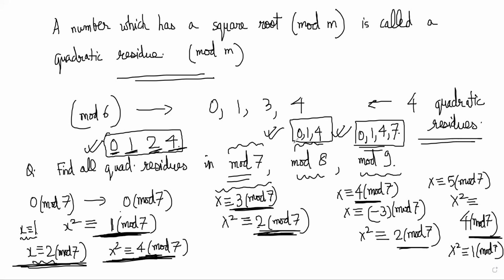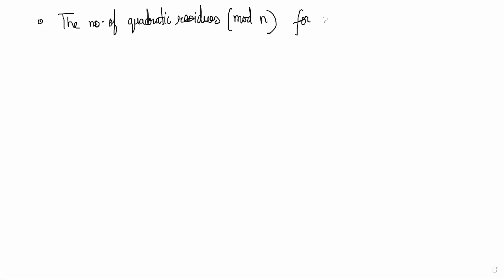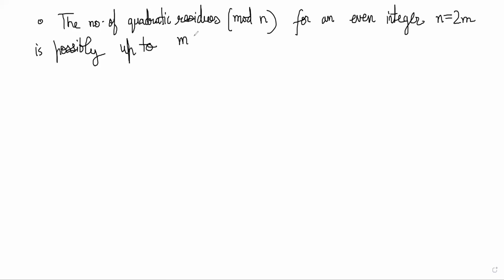Now, one simple point that I would like to make, you can verify this by taking different examples. The number of quadratic residues mod n for an even integer n is equal to 2m is possibly up to m plus 1.